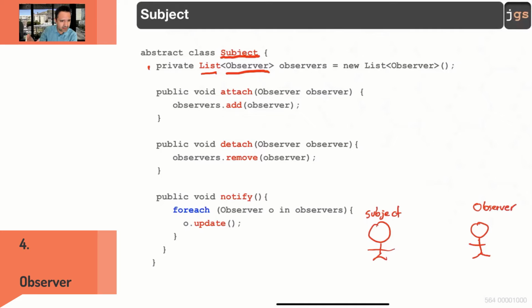The observer is going to be a professor. The observer is going to be a ghost. The subject is going to be a student. The subject is going to be a pattern.